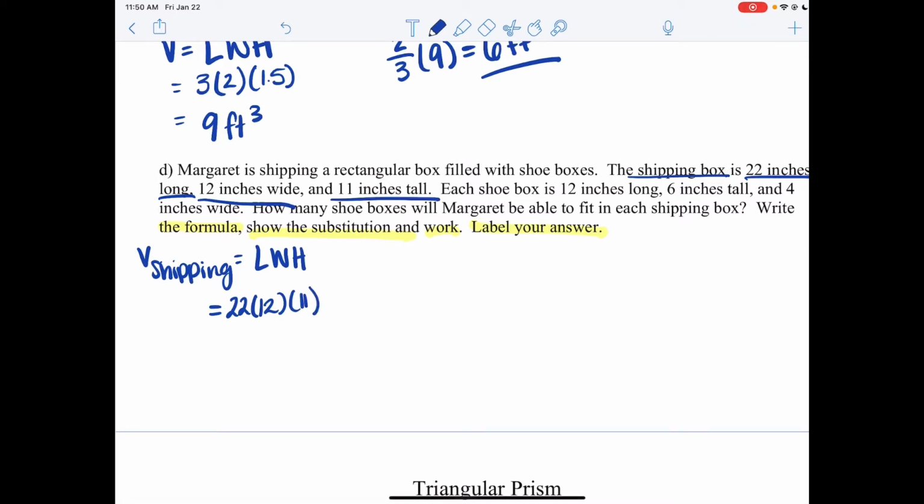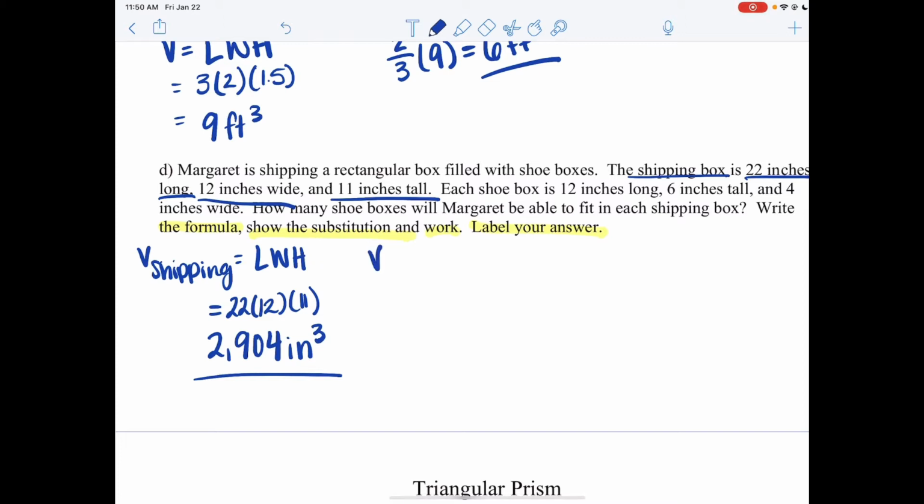Next step is just to multiply. So I have 22 times 12 times 11, and when I multiply all of those numbers together, I have 2,904 cubic inches. Okay, and I have now found the volume for my shipping box.